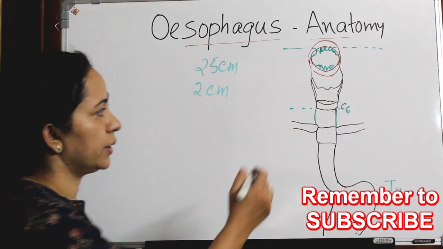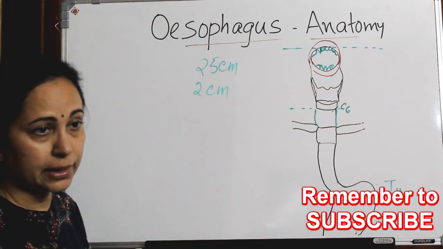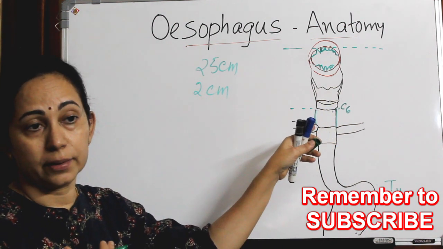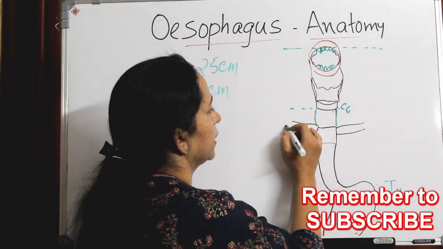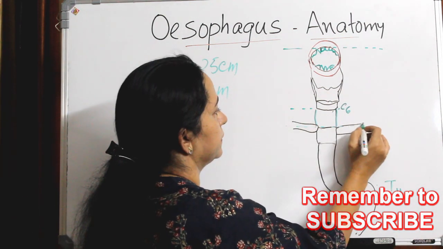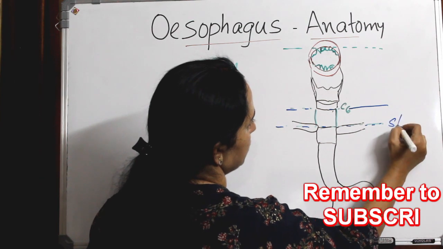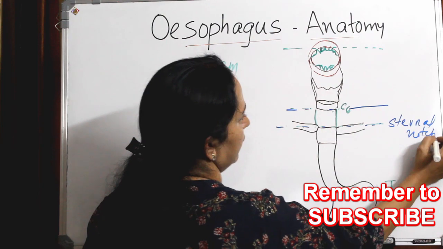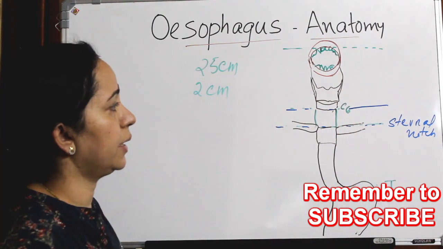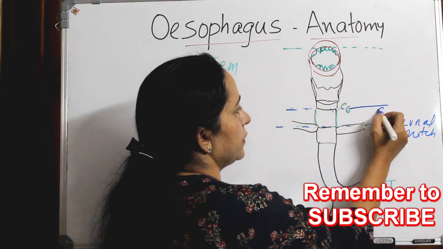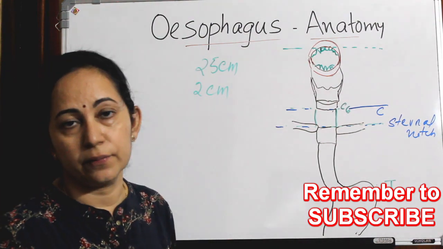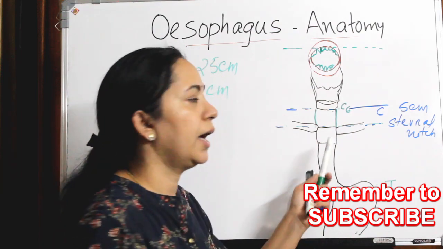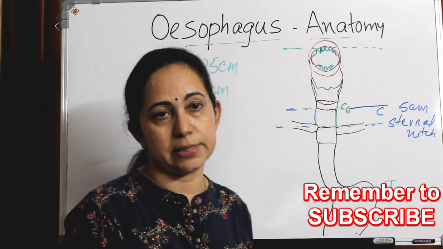It has a cervical part, from the lower border of the cricoid cartilage to the sternal notch, which is around 5 centimeters in length, and it goes through the superior mediastinum.